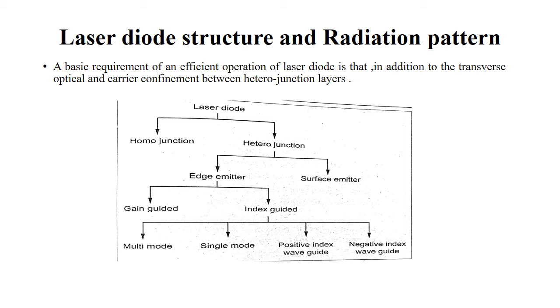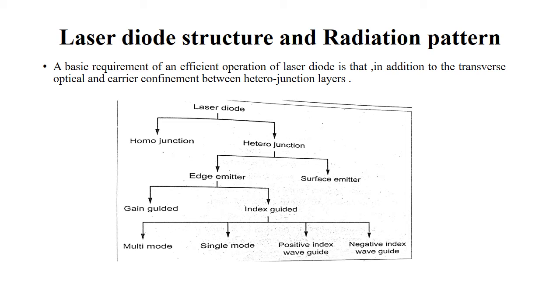Next one is index guided, which means these devices have been fabricated to operate at various wavelengths with a single lateral mode. So more stable structures are used. Here dielectric waveguide structures are fabricated in lateral directions. The variations in the real refractive index of various material structures can control the lateral modes in the laser diodes.